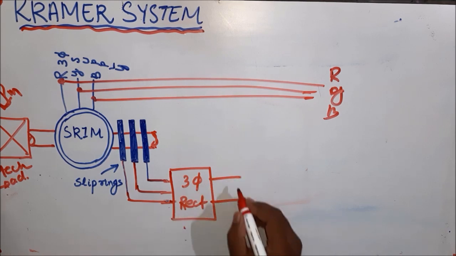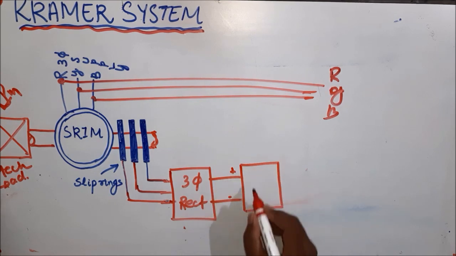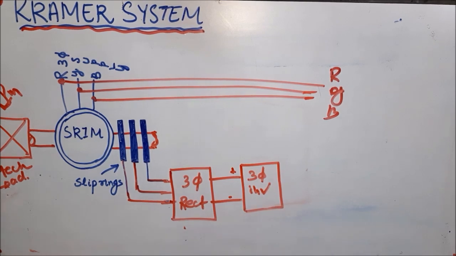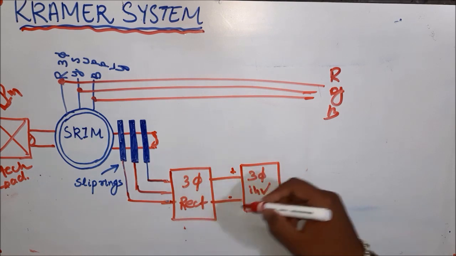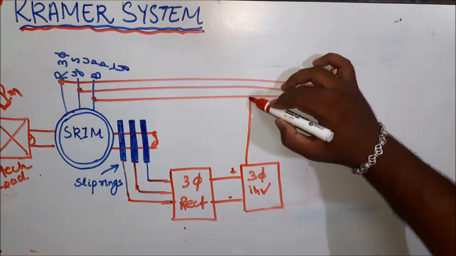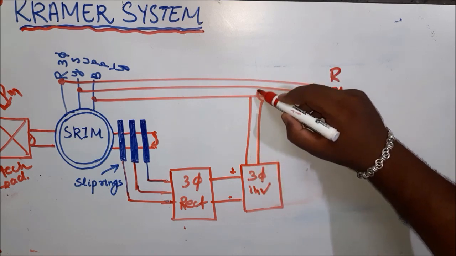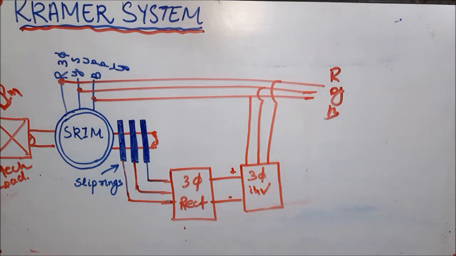Again this DC is fed into a three-phase inverter. This is only possible after the development of inverters. Now this inverter takes DC power and produces three-phase AC, which is supplied into the main supply. So this is all about the static Cramer system.